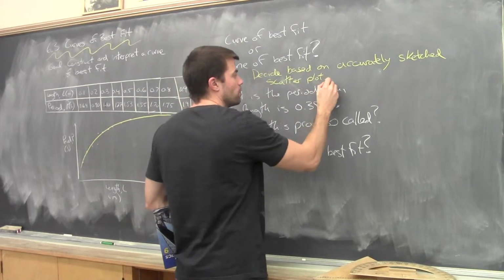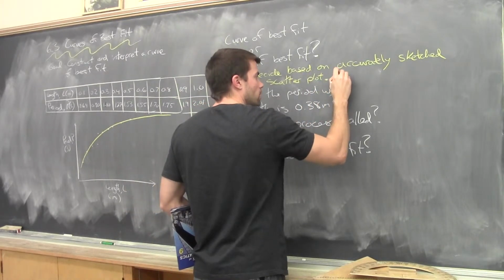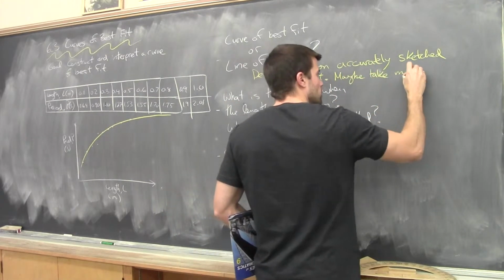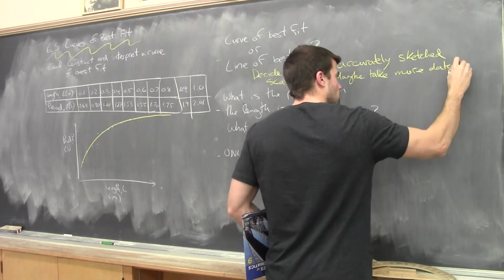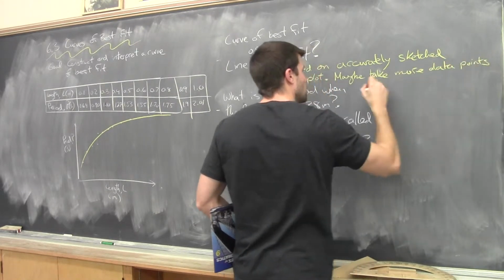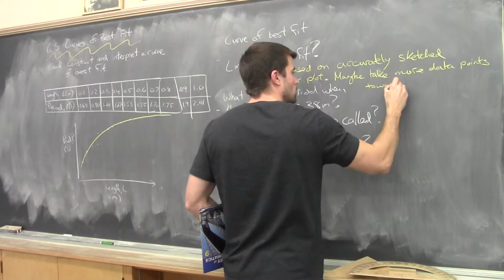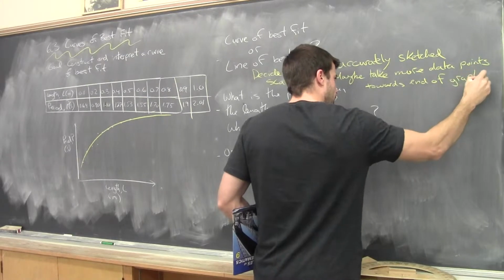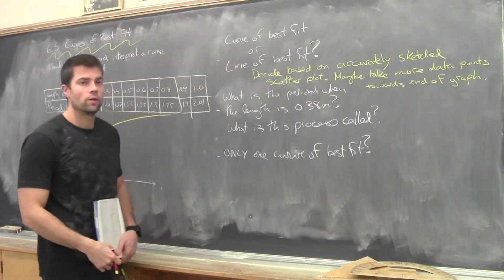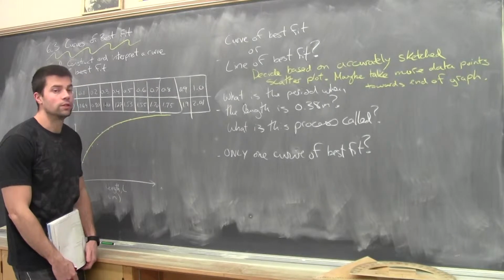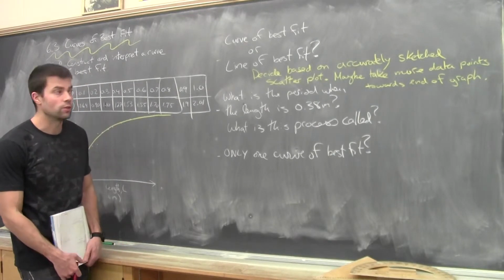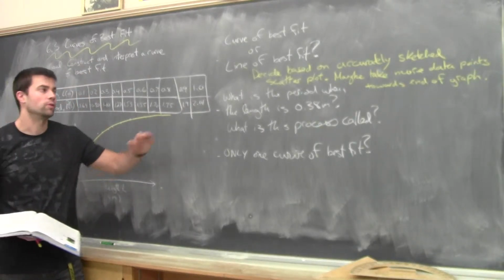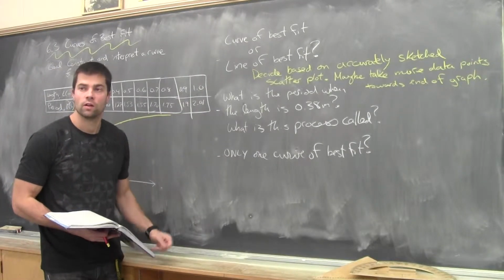Now, if you're running the experiment, you maybe take more data points, maybe take more data points towards the end of the graph. Okay. So if there's a communication question on the test, I say, how do you know when to draw a curve of best fit or a line of best fit? This is what you'd say, right? You'd base it on how the data looks.